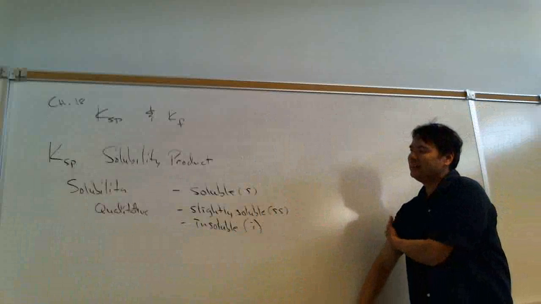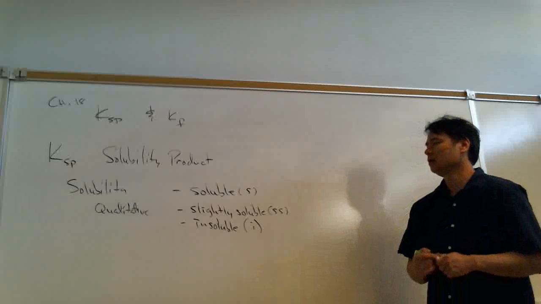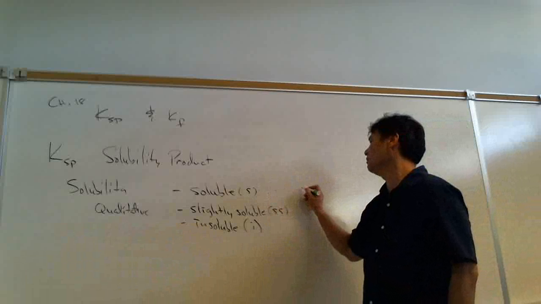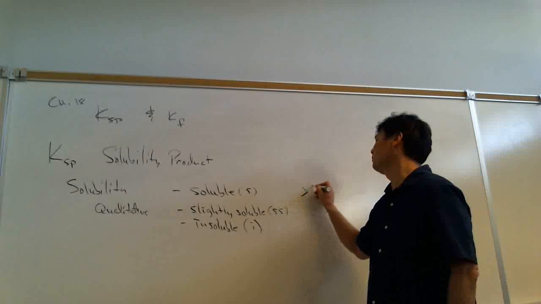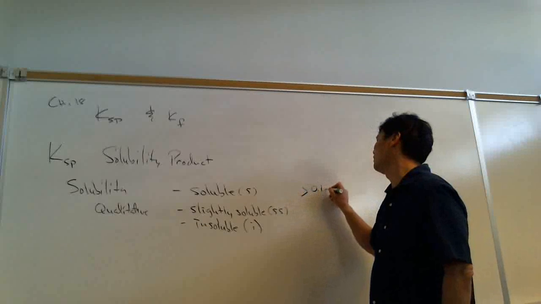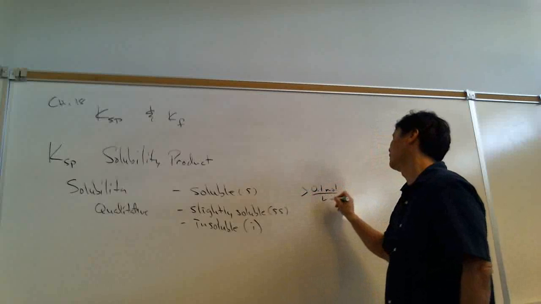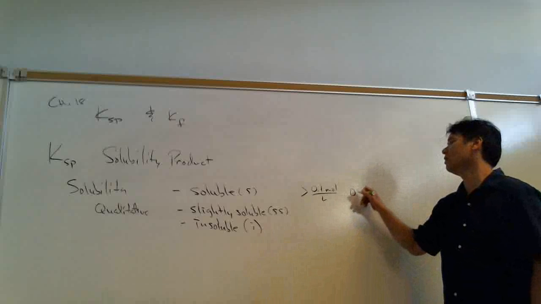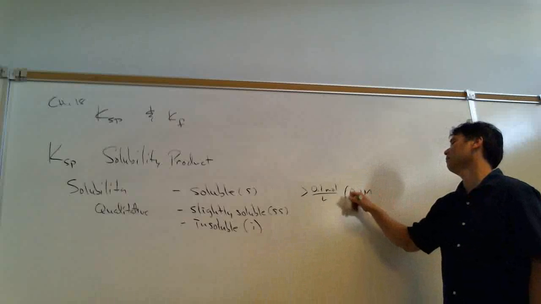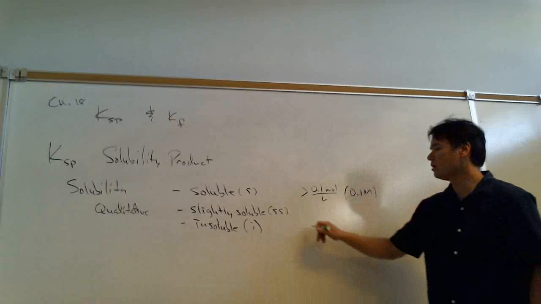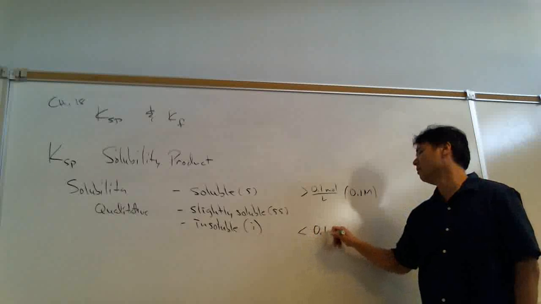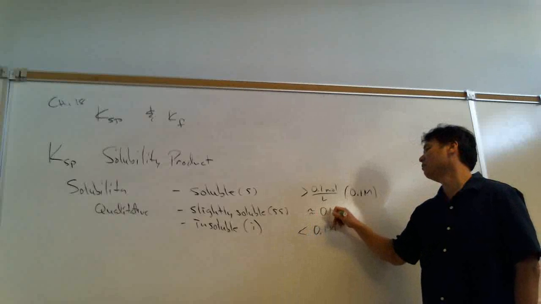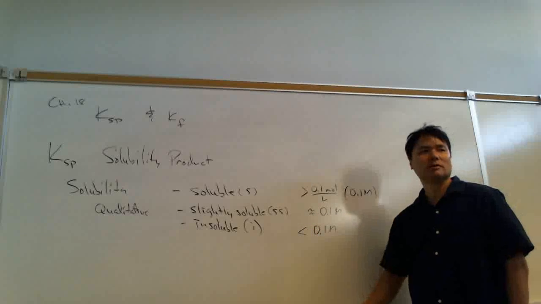But it was defined back when you were studying the solubility chart. Soluble means you can dissolve more than 1/10 of a mole per liter of solution, so it has a solubility greater than 0.1 molar. Insoluble means less than 0.1 moles per liter will dissolve, and slightly soluble means about 0.1 moles per liter will dissolve.